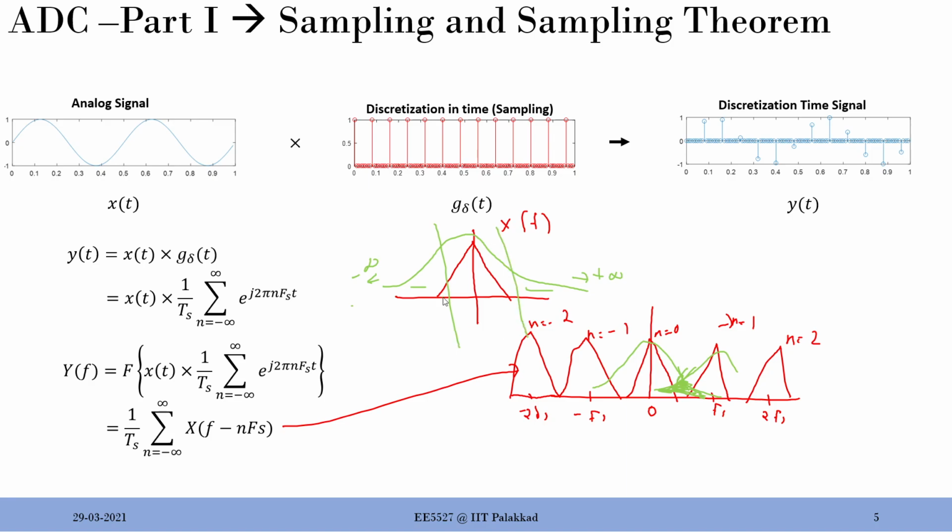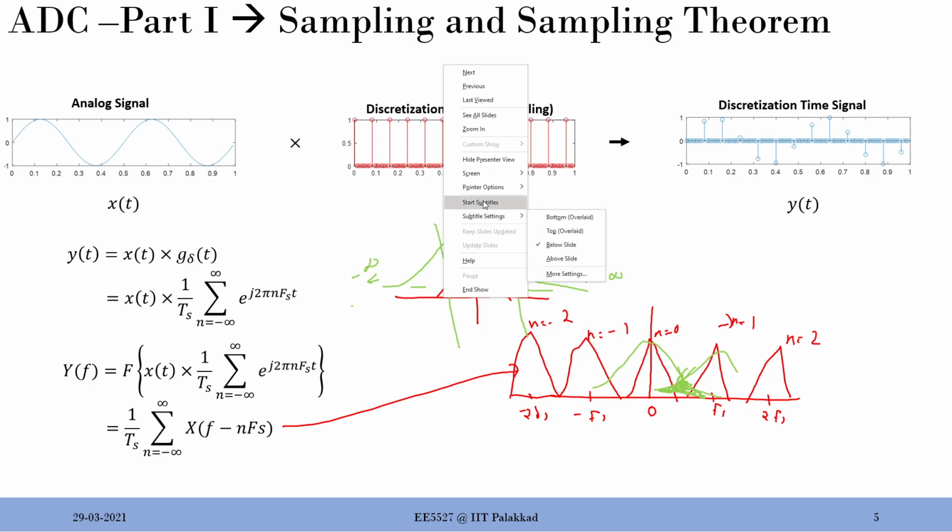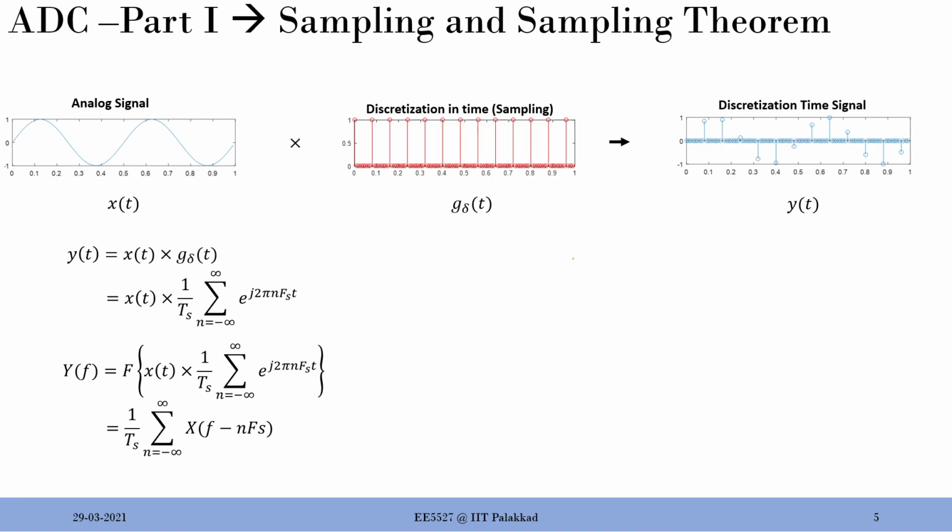But none of the analog signals will be like that. We need a signal processing way of ensuring that before you do the sampling process, before you select the sampling frequency Fs, which is 1 by Ts, the sampling rate, we decide on the bandwidth of the signal. So you need to pass it through a filter, because a filter is what kills frequencies, right?